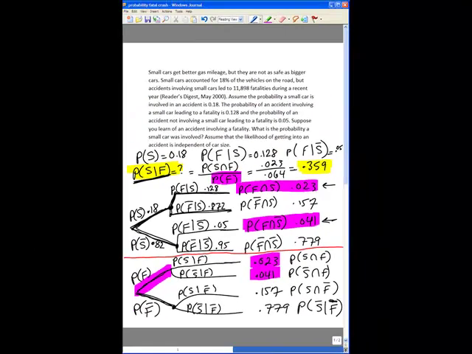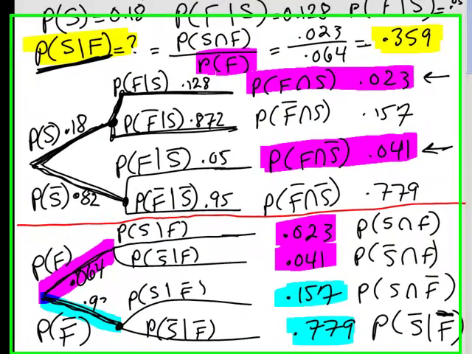So I can put that 0.023 plus 0.041 is 0.064. And of course, I know that these two joint probabilities have to add up to this marginal probability, which is 0.936.